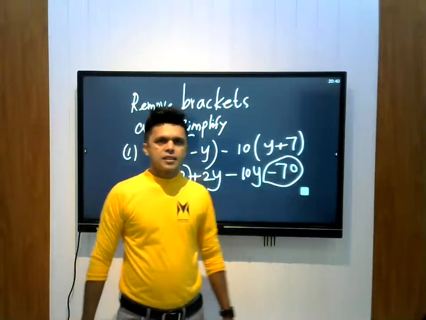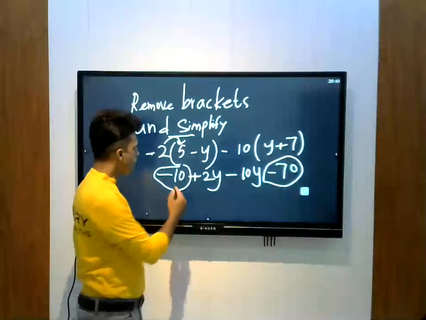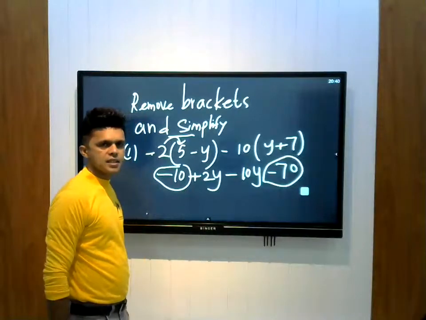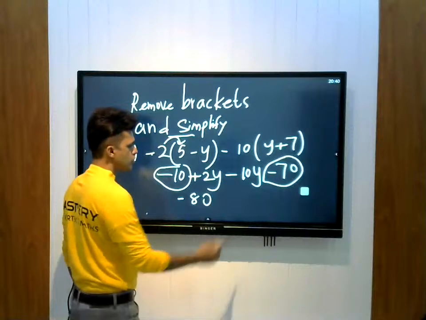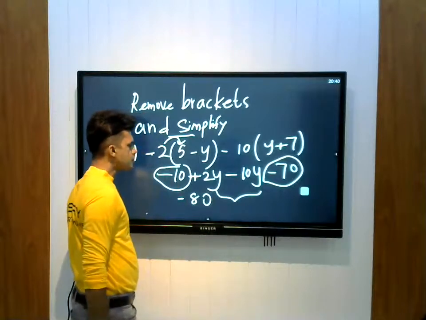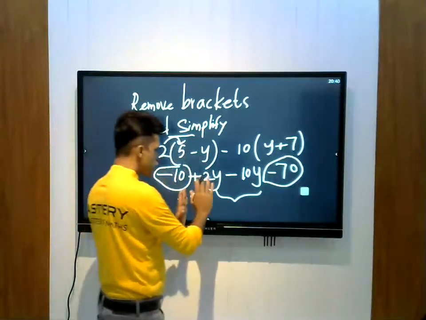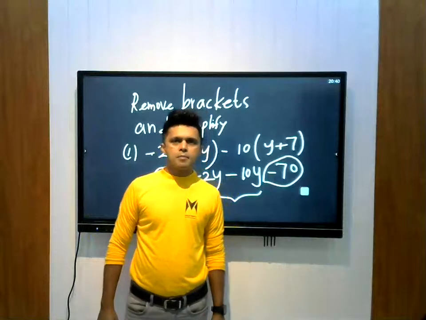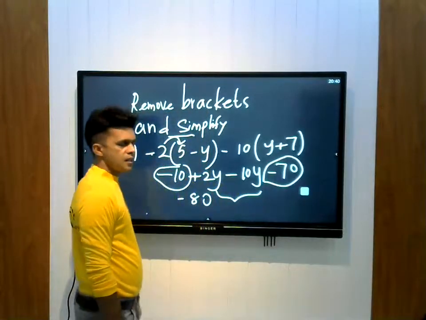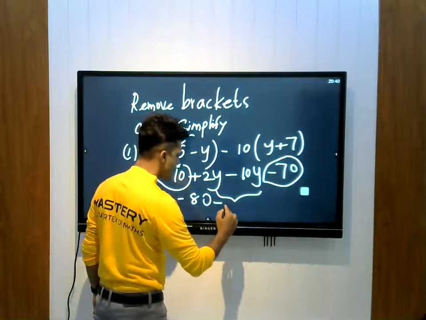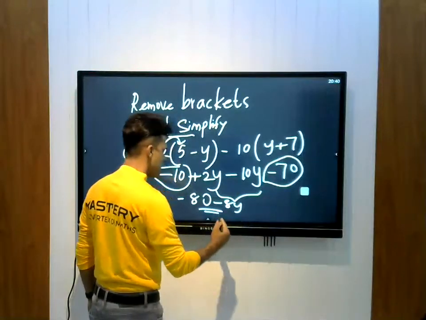The answer is minus 10 minus 70 is minus 80. Then plus 2y and minus 10y, the answer is minus 8y.